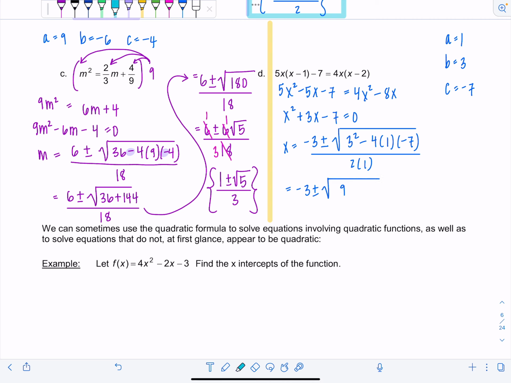And then again, look, because we have a negative here multiplied by another negative, this becomes plus 28 over 2. So let me just go ahead, put it in the solution set because it's not going to simplify further. That's negative 3 plus or minus the square root of 37 over 2.